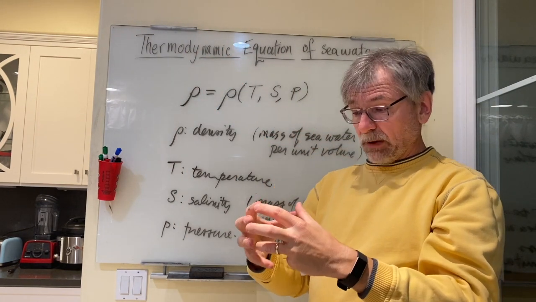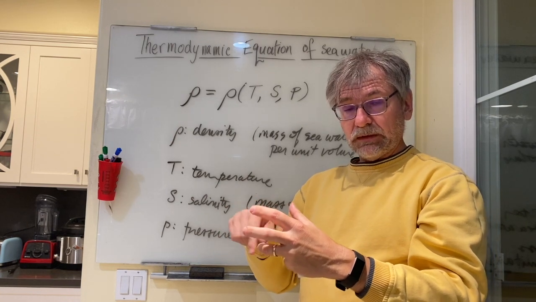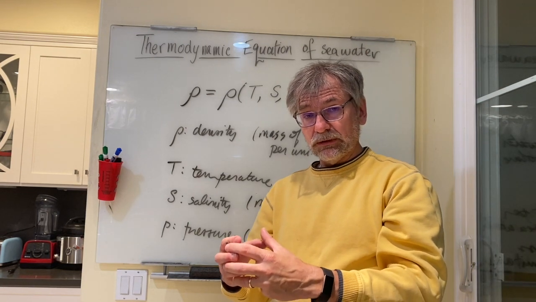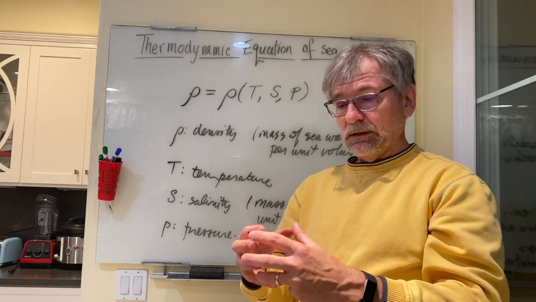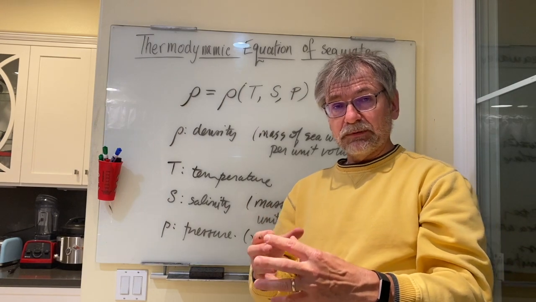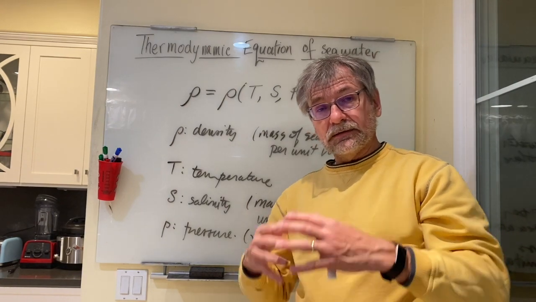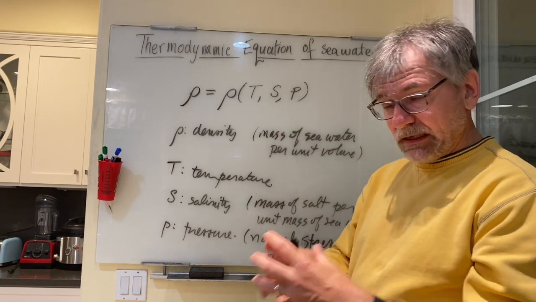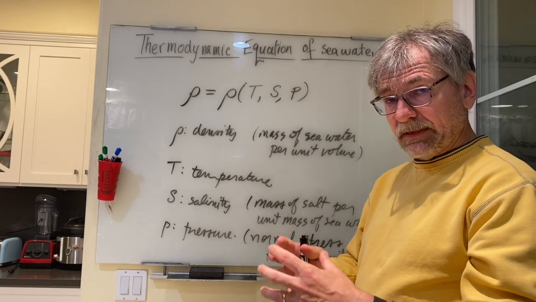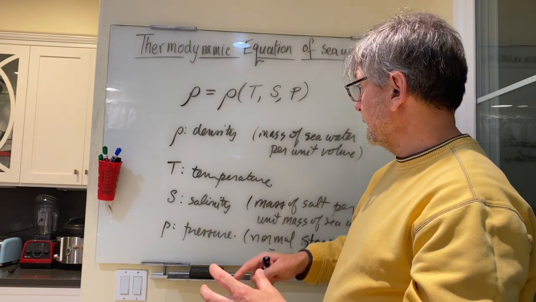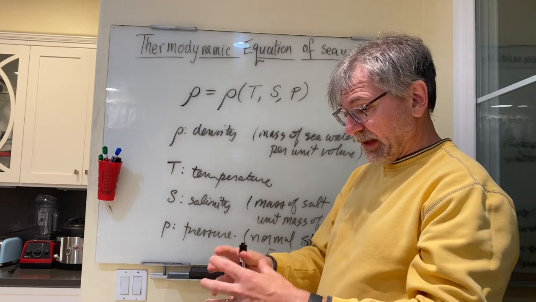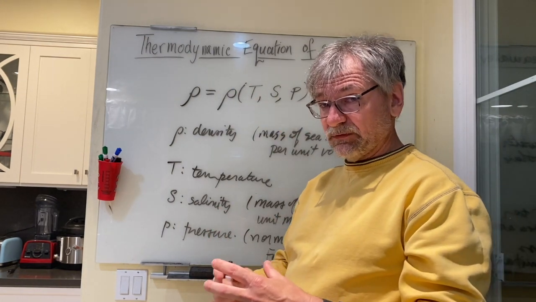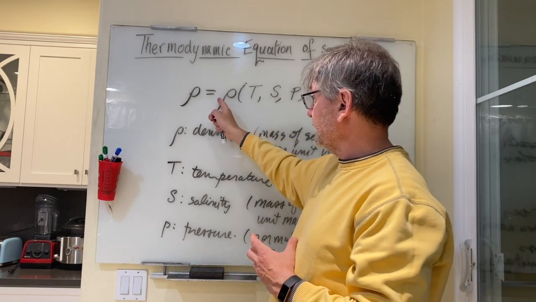But also within the parcel, the motion of the molecules inside the fluid parcel is going to have some kinetic energy due to the motion, but there will also be some potential energy because of the chemical bonds that could happen between the water molecules and the ions, etc. So there's going to be macroscopic energy, but also energy that's inside the fluid parcel. And that energy on the inside of the fluid parcel depends on a thermodynamic equation of seawater.